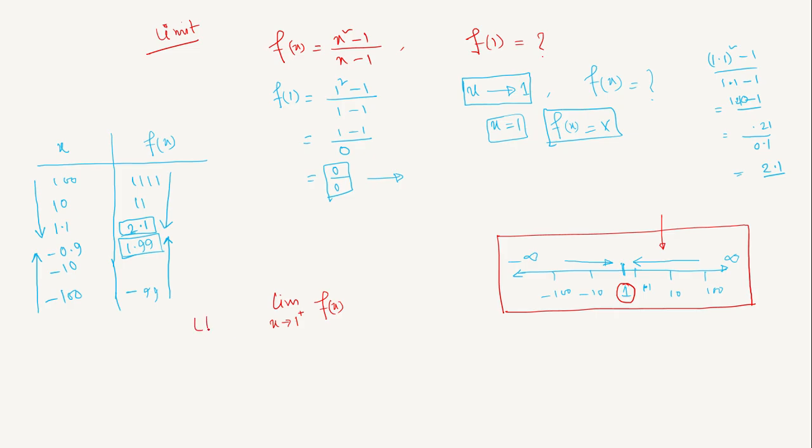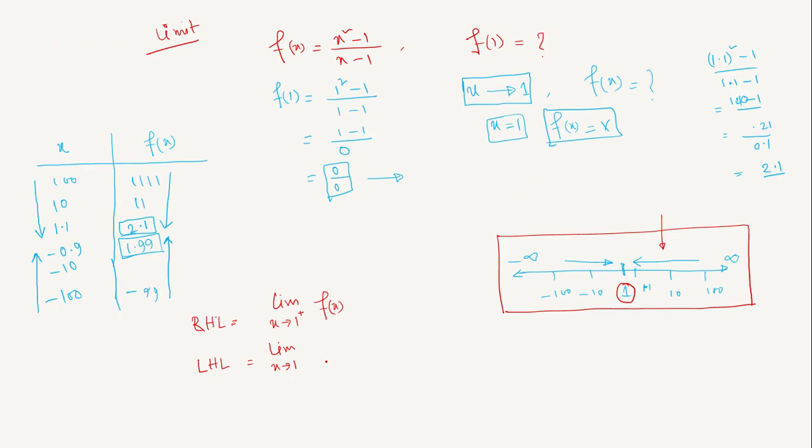This is the right hand limit. If we consider the values of x from the left side, then it is called the left hand limit. The notation of the left hand limit is limit x tends to 1 minus, just a negative sign on top of 1, of f of x.